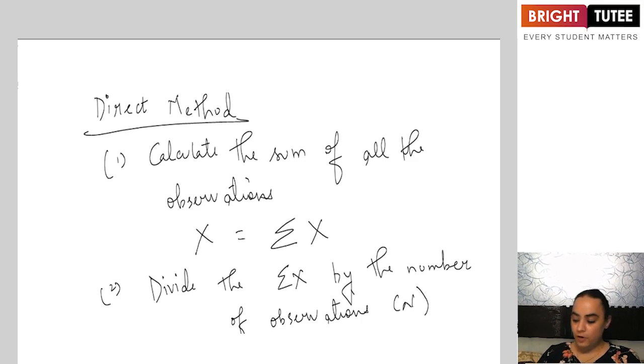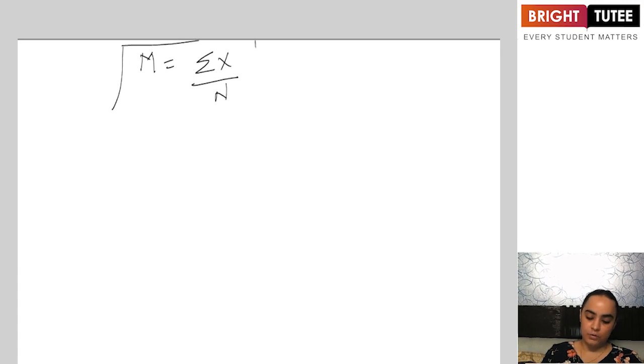So what is the formula for calculating mean of an ungrouped series using the direct method? Mean is equal to sum of X divided by n. This is how you are going to get the mean of a series which is ungrouped in nature.